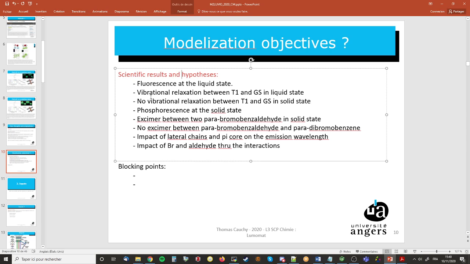Okay, so there is probably fluorescence. The thing is that the hypothesis is that there is emission, and they say that it's a fluorescence, but you're not sure that it is really from a singlet state. There is no proof in the article that this emission in liquid state is fluorescence.